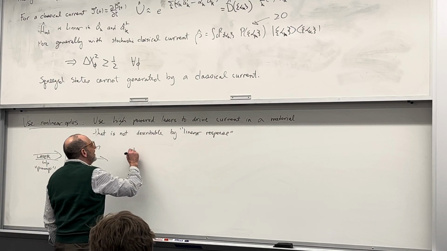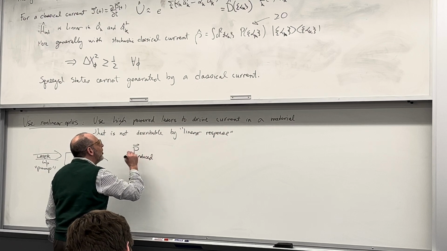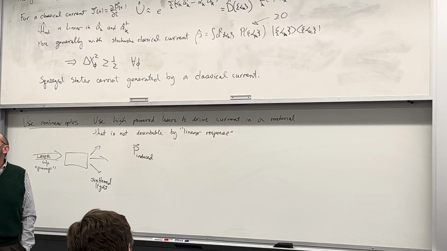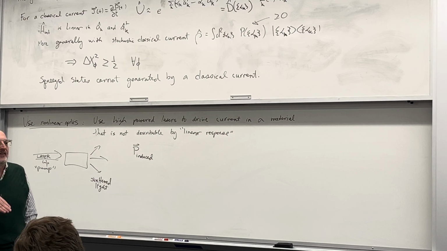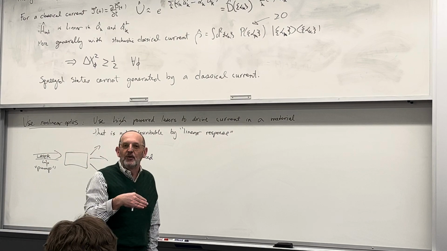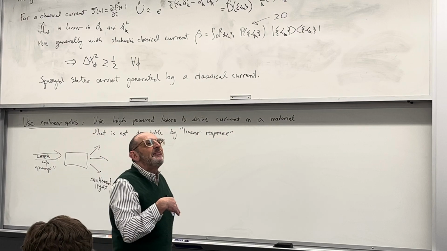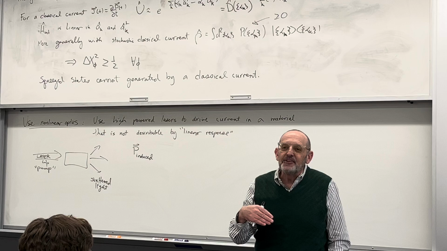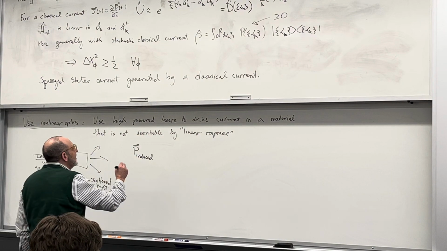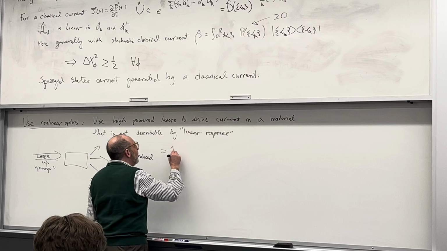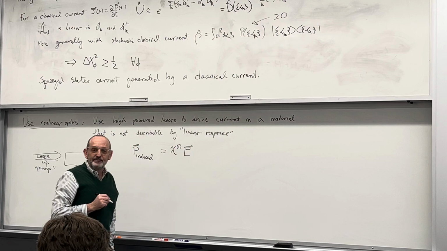I would say that the induced polarization density I might write in a power series in different powers of the electric field, to the degree to which it's maybe not just a linear response, but still perturbative. So I would say that there's something proportional to the electric field, which I'll call chi1.